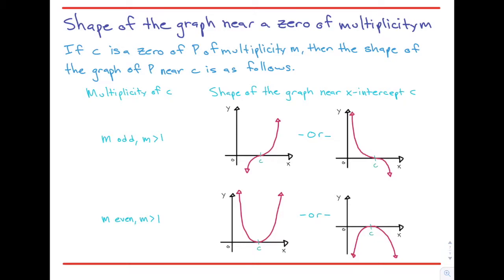If the multiplicity of c is odd and greater than 1, then the shape of the graph near that x-intercept c will look kind of cubic, or some odd power. And if the multiplicity of c is even, for m greater than 1, it will look like a polynomial of even power around that zero c.